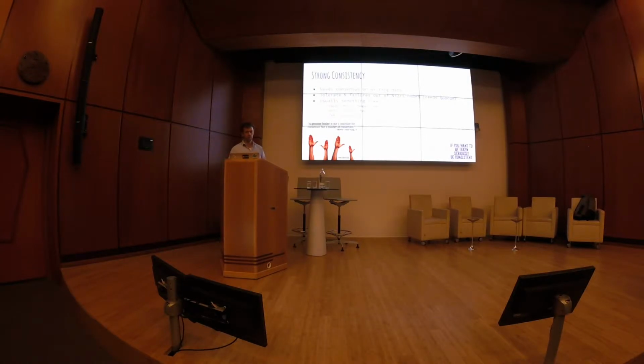With these systems, you can tolerate at most n failures out of a system with 2n+1 nodes. So it means you can lose about half of the nodes minus one, right?